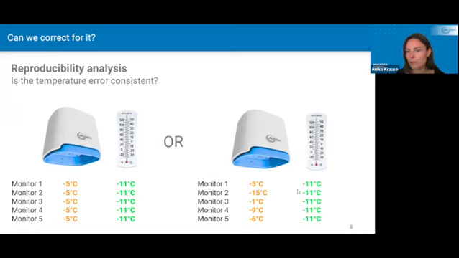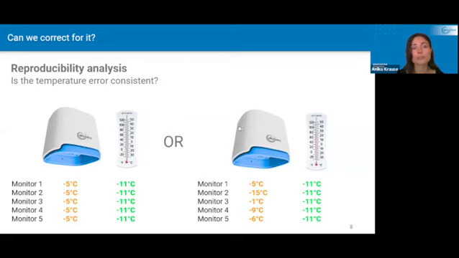Or does every monitor measure a different temperature? If they all measure the same, that means that if we are able to correct for this error in one monitor, we can just apply the same correction to all of the monitors. So that's important to know if we want to find a correction for all monitors, of course.